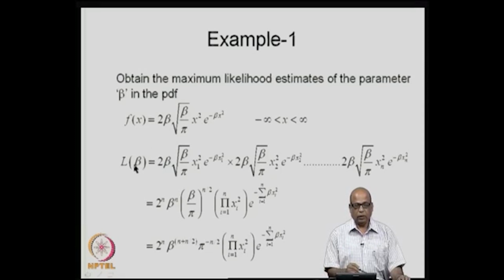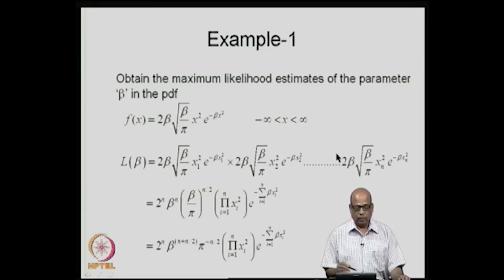So, we define the likelihood function as equal to 2 beta into beta by pi x 1 square into e to the power minus beta x 1 square into etcetera, like this. Every time we change the x value to x 1, x 2, x 3 etcetera up to x n, and then define the likelihood function.